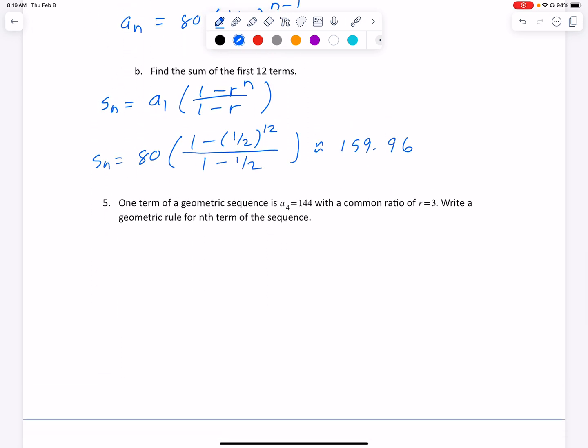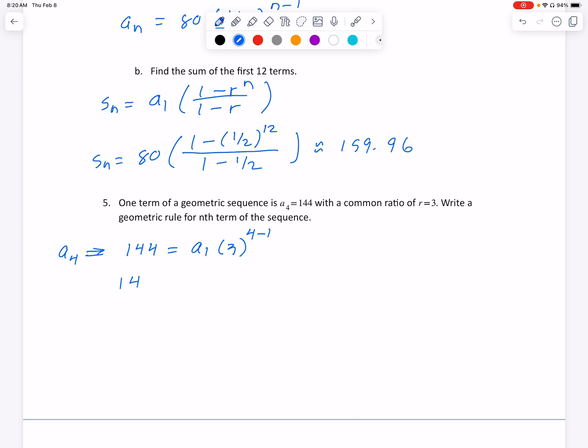Okay, last one. We are asked to do, again, a geometric sequence, and we know the fourth term. So the fourth term, in this case, what do we got? We got 144 equals our first term, which we don't know, times r, which we do know, to the n minus 1, where n is 4. So 4 minus 1.